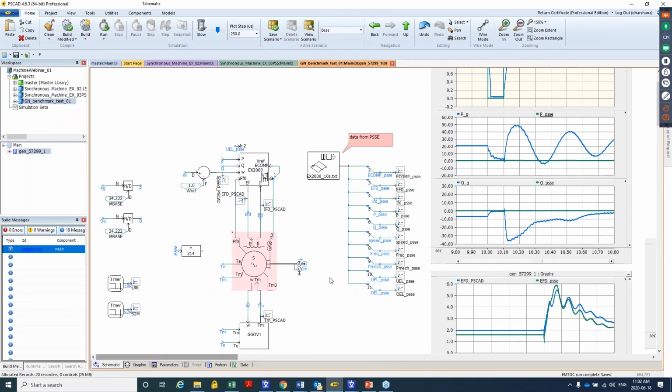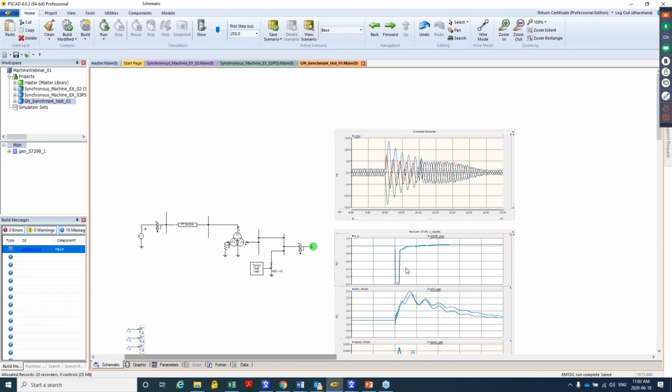And there are many ways to efficiently do benchmarking, but here what we have done is we have recorded the RMS results into text files. And these text files are read directly into PSCAD using this component. Okay, so the RMS results are read and directly fed into the PSCAD simulation so that you can plot and compare them while you run the PSCAD study.